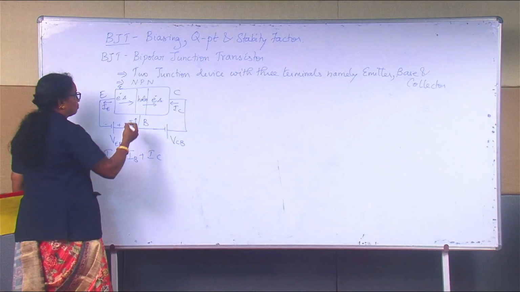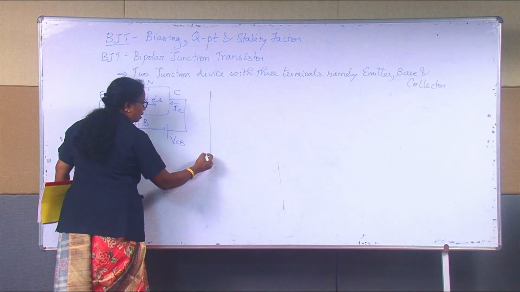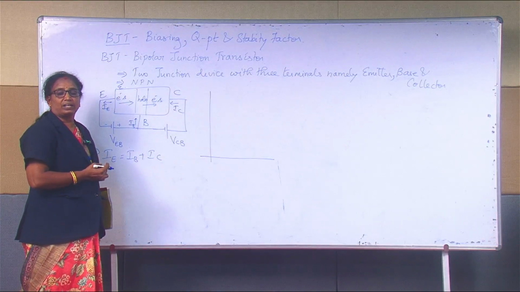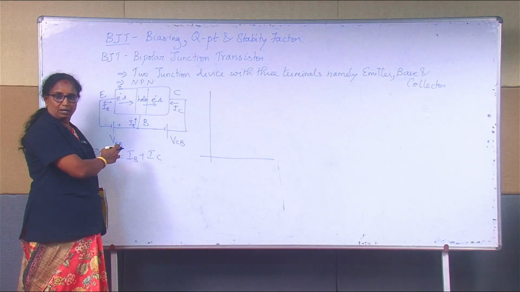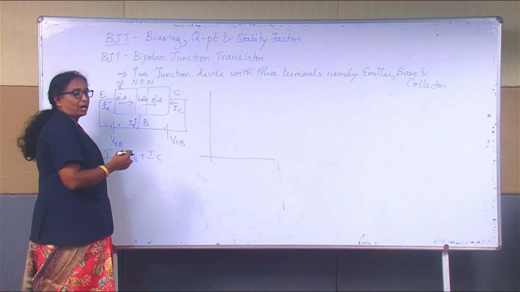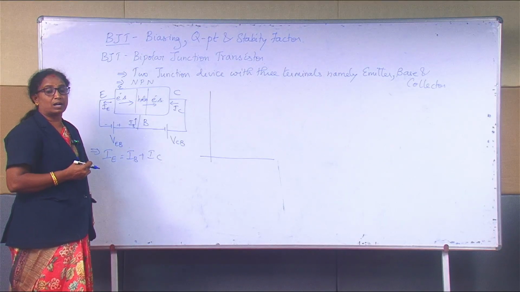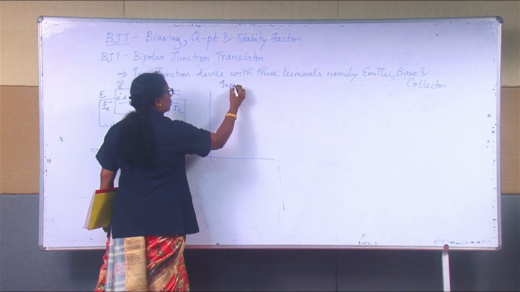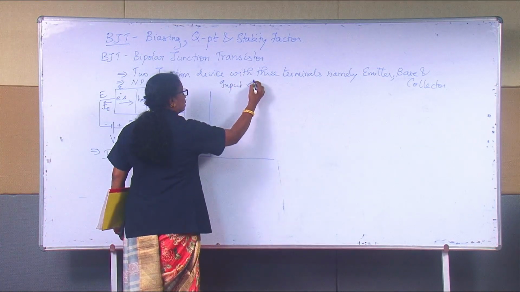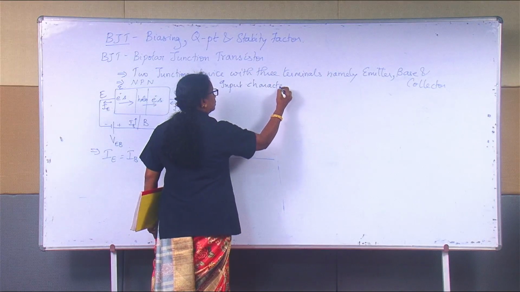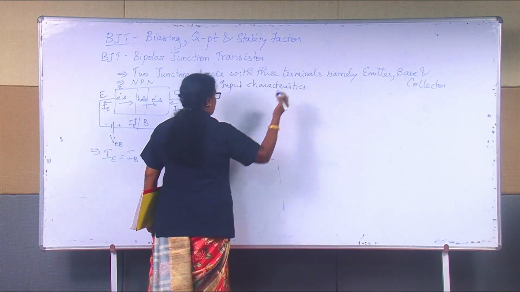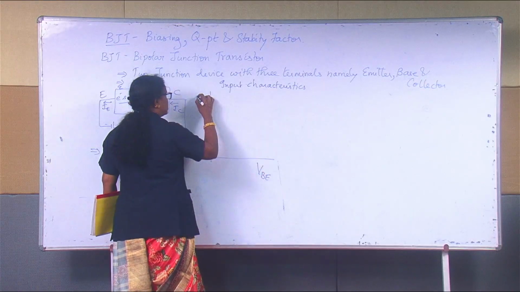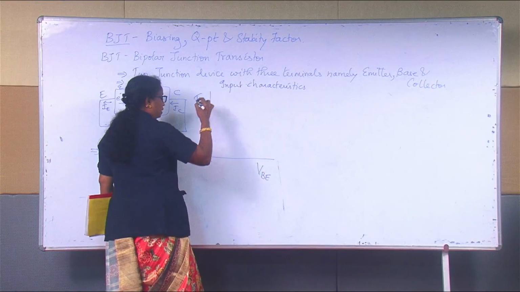Now, coming to the characteristics of this device, the BJT NPN transistor can be characterized based on two graphs or characteristic curves. One is the input characteristics, that is drawn between emitter base voltage and base current.